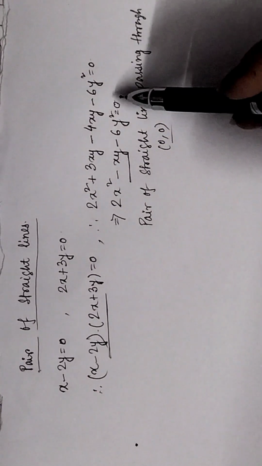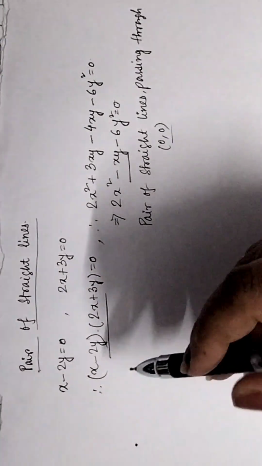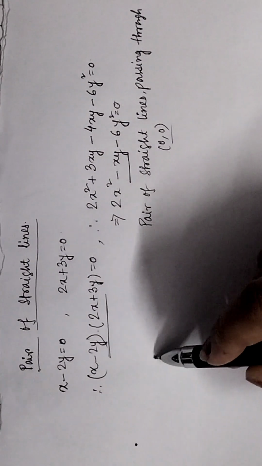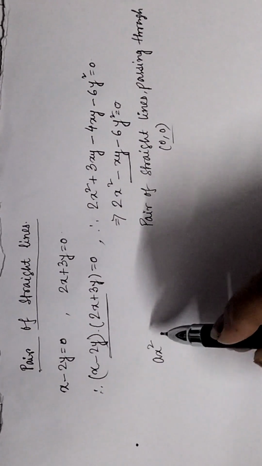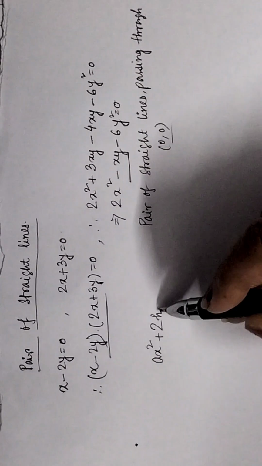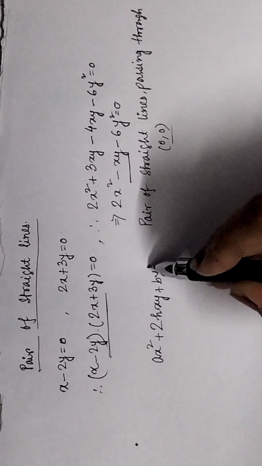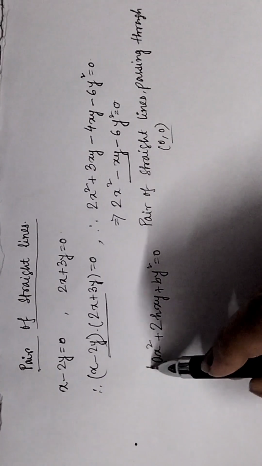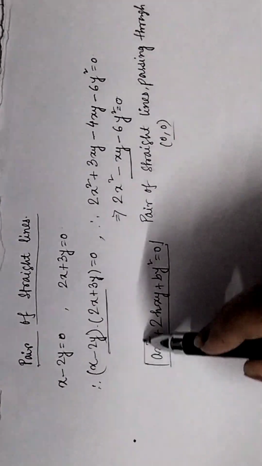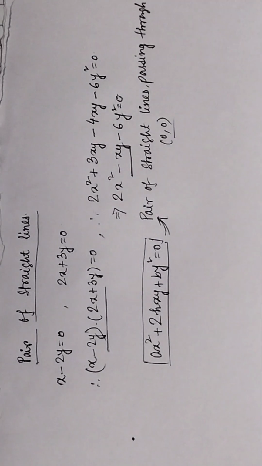That means if we generalize this structure, we will find ax square plus 2hxy plus by square equal to 0. So this is the general equation of the pair of straight lines where both of them are passing through the origin.